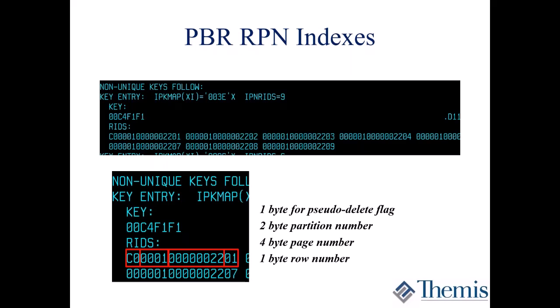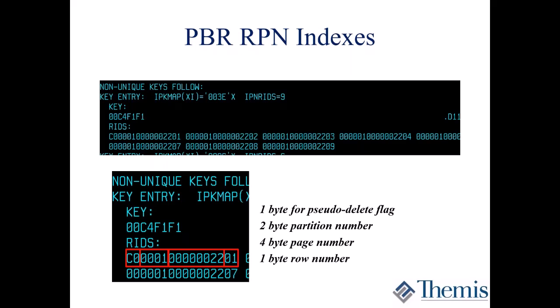And if you count out the bytes there, you see 8 bytes for the RID. Now I just told you 7 bytes is what's needed, right, for the RID, and those are actually the 7 bytes to the right. The leftmost byte is for the pseudo deleted flag. And actually I zoomed in on one of the RIDs there that is actually pseudo deleted. In other words, that row is deleted. And you see the leftmost byte marks it as deleted.